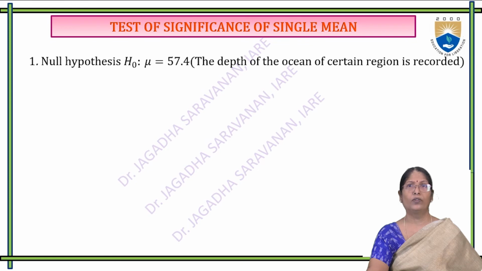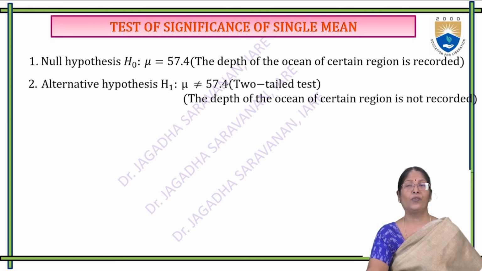Now the null hypothesis, H naught: the previous record reports that the population mean equals 57.4. Whether to accept that recorded report or not, we are rejecting.